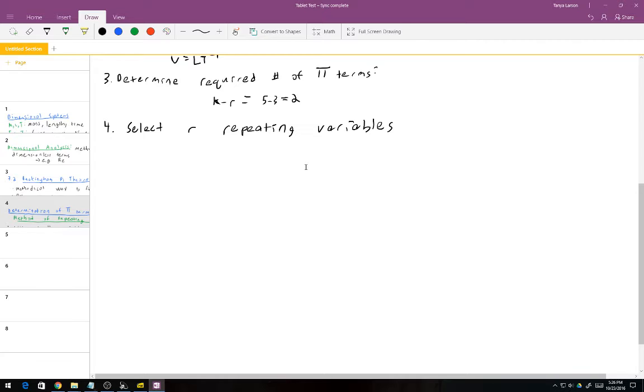There are some rules for determining these repeating variables, and we're going to need r number of them. So first, A, we do not want to include the dependent variable.